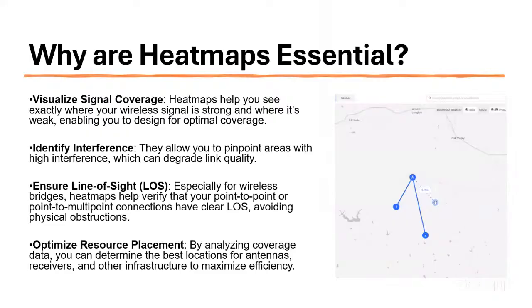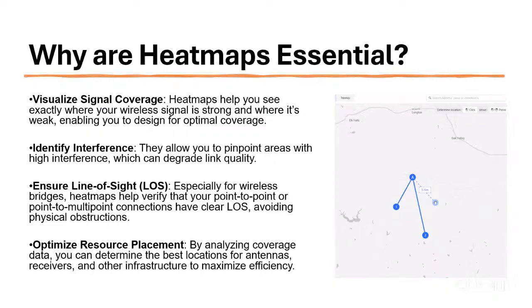And why are heat maps so essential today? First, they help us visualize signal coverage. Heat maps help you see exactly where your wireless signal is strong and where it's weak, enabling you to design for optimal coverage. Second, they help us identify interference. They allow you to pinpoint areas with high interference, which can degrade link quality.